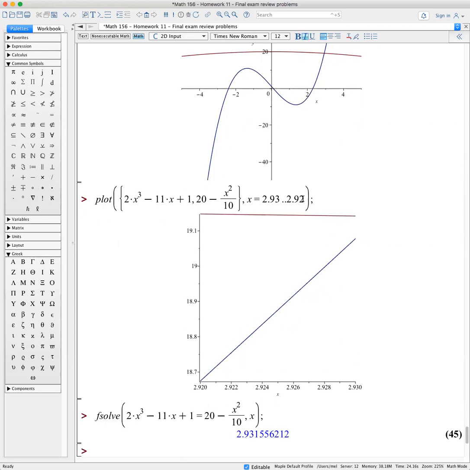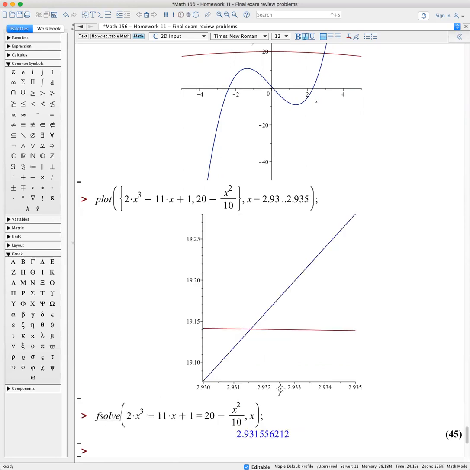Oops. Yeah. 2.9315. I mean, we could find it graphically, but fsolve makes it a lot easier. Okay.